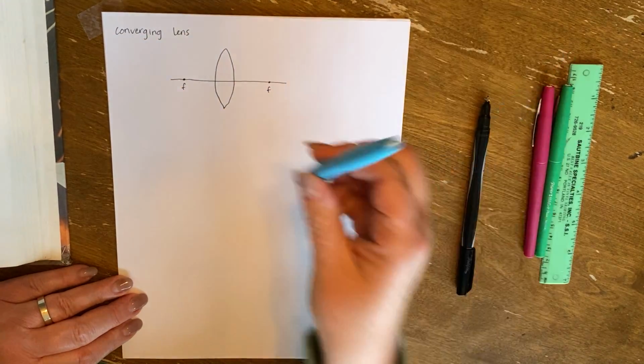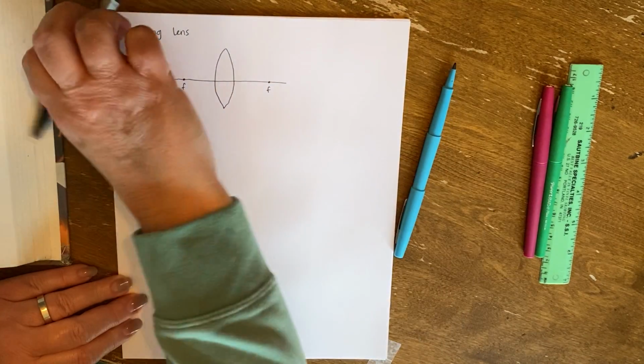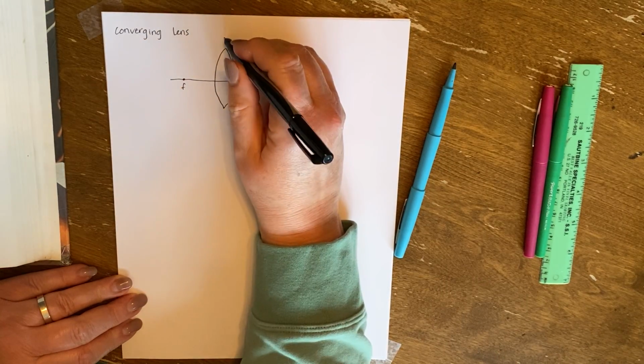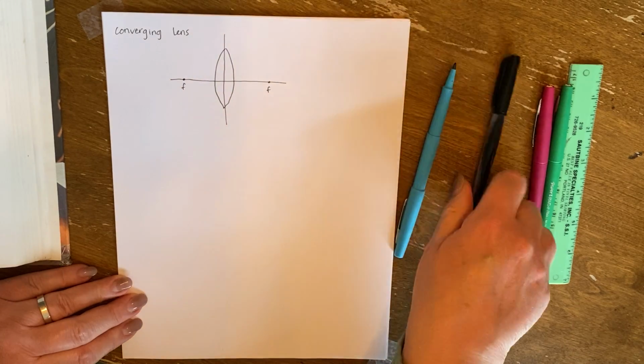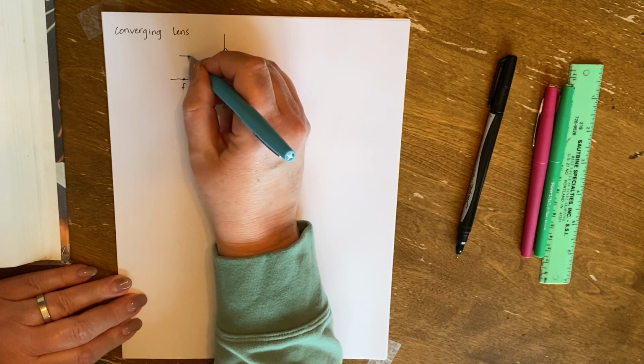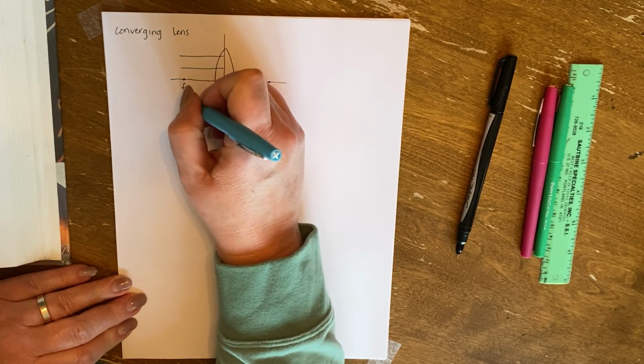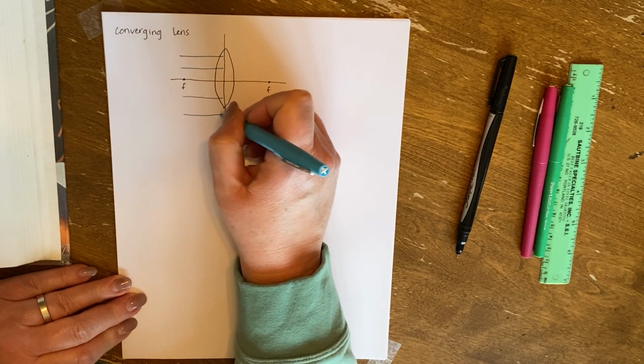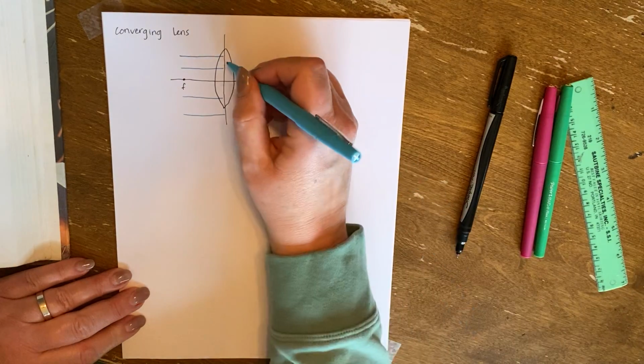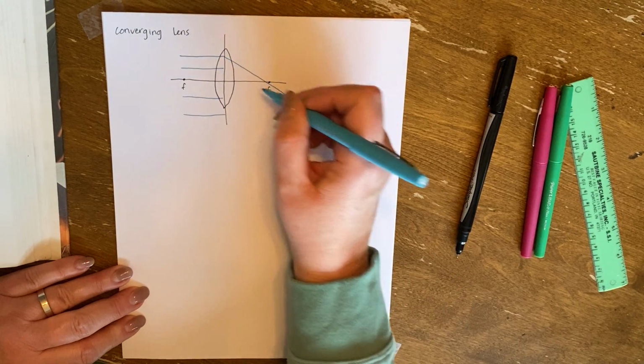And when we're talking about lenses, we also draw a vertical. A converging lens says that any horizontal light beam coming in is going to exit through the focal point on the opposite side.